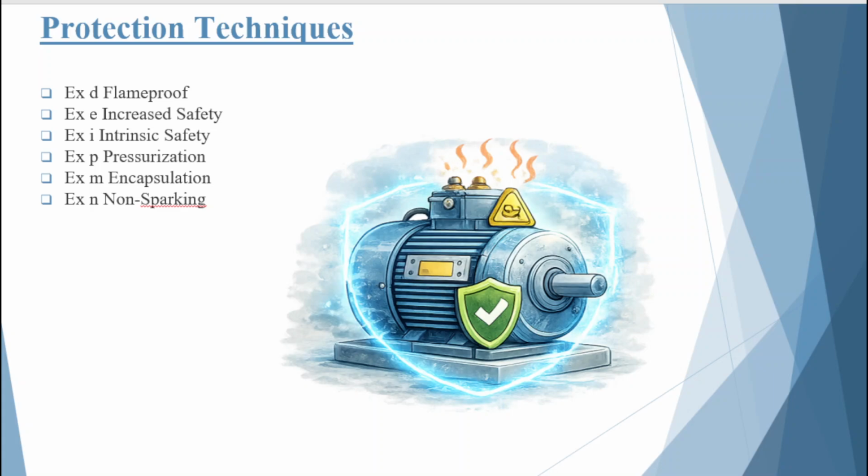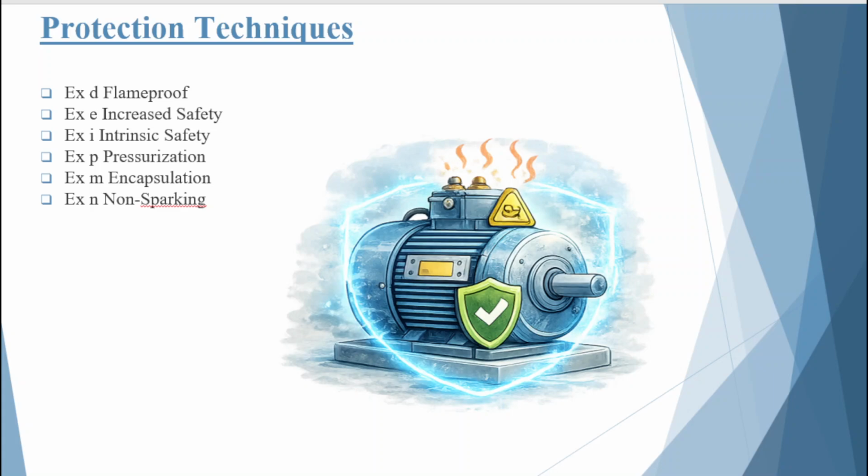Instead of containing an explosion, this method prevents one from occurring by eliminating potential ignition sources through improved electrical and mechanical design. Then we have Ex i intrinsic safety. This technique limits the electrical energy in the circuit so that even under fault conditions, there isn't enough energy to ignite a flammable atmosphere.